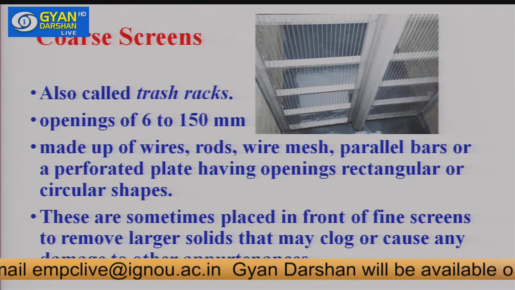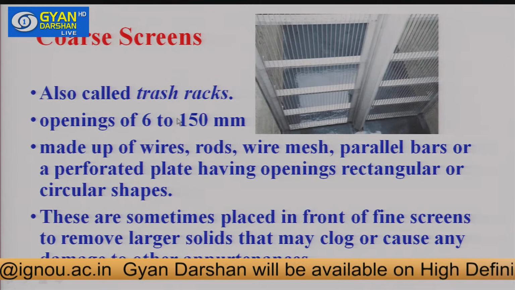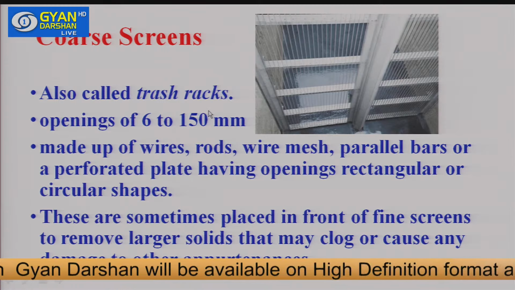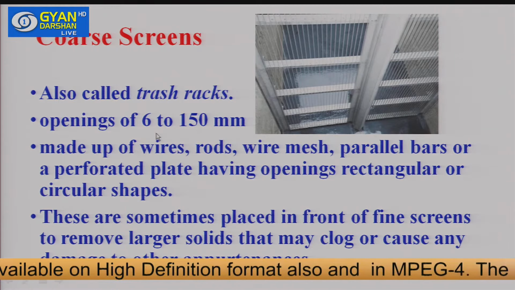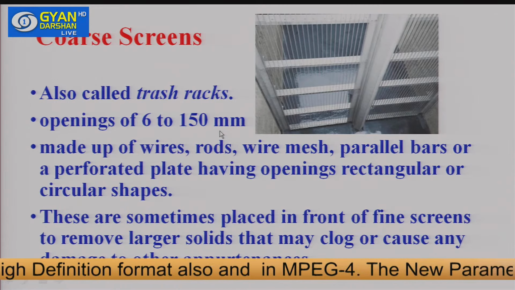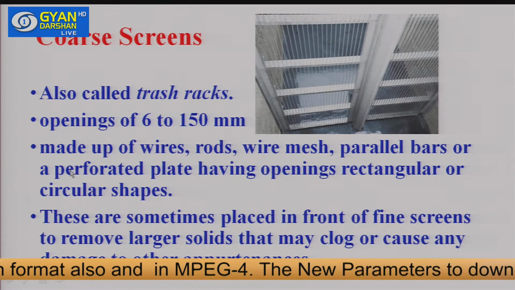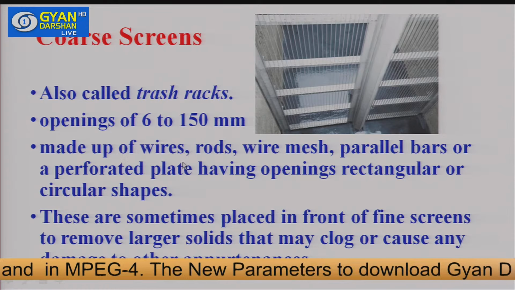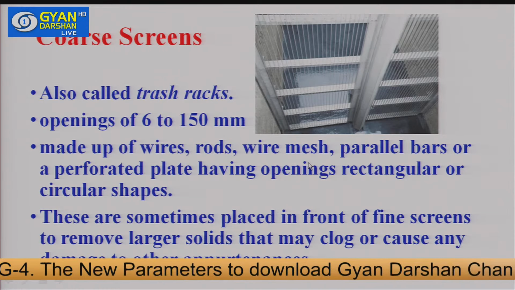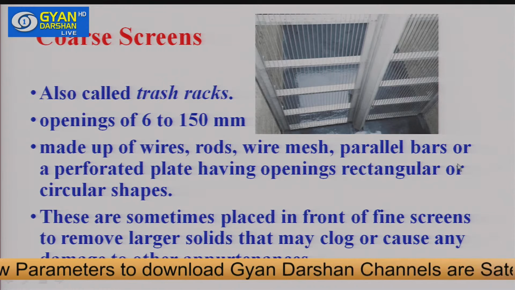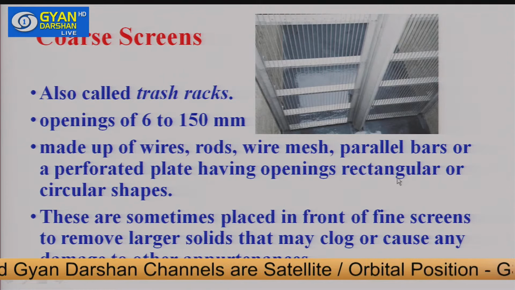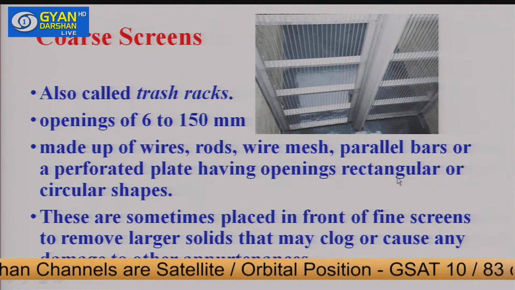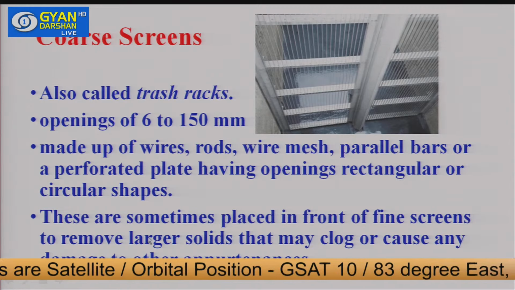Then coarse screens, which are also called trash racks. As I told you, the opening here is 6 mm to 150 mm, meaning large openings. These are made up of wires, rods, wire mesh, parallel bars, or a perforated plate having rectangular or circular openings.